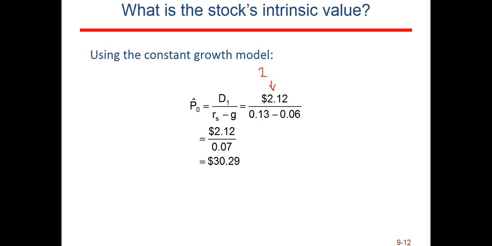Why? Because it's growing at 6%. So 2 multiplied by 1.06 is what's being done here to get 2.12. Rs, we calculated based on the CAPM assumptions, is 13%. Growth is 6%. Based on that, the price of the stock turns out to be $30.